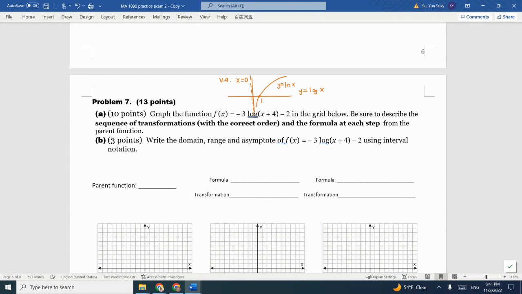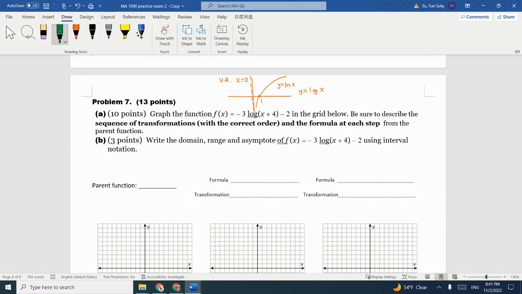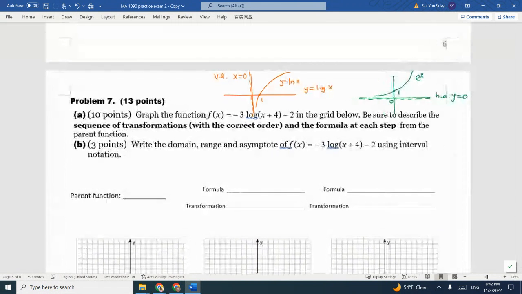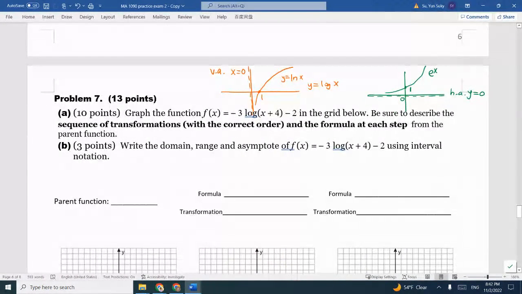And in the exam, you might have log or you might have an exponential function. So e to the x looks like this, and it passes through 0, 1. In this case, you have horizontal asymptote y equals 0.